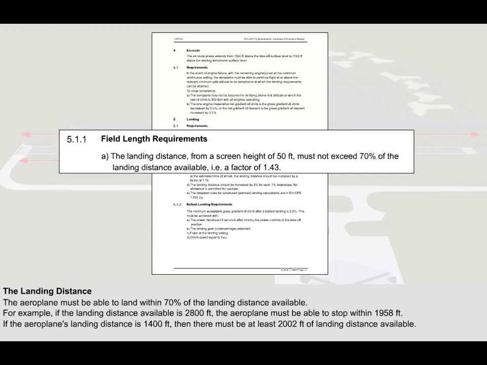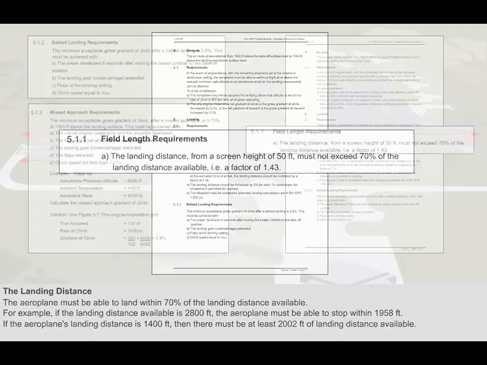The regulation states that the landing distance from a screen height of 50 feet must not exceed 70% of the landing distance available. If the aeroplane cannot come to a full stop within this length, then the landing distance must be reduced, either by selecting a higher flap setting or simply by reducing the mass of the aeroplane.